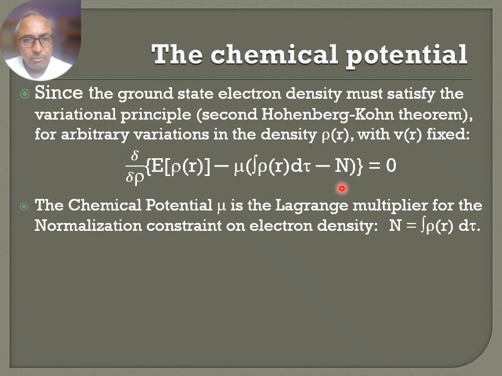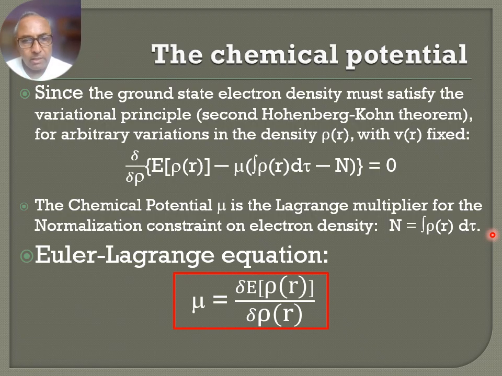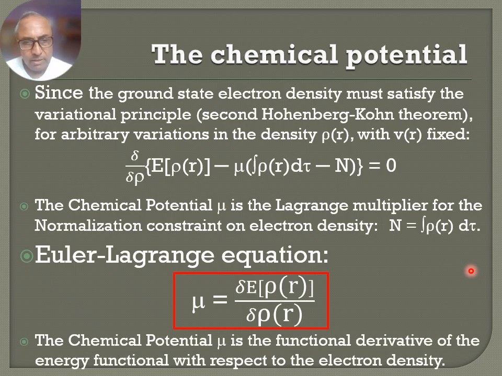It is the Lagrange multiplier for the normalization constraint on the electron density, that is n equals integral rho of R d tau. This leads to the Euler-Lagrange equation, that is mu equals delta E of rho of R by delta rho of R. Here, the chemical potential mu is the functional derivative of the energy functional with respect to the electron density.